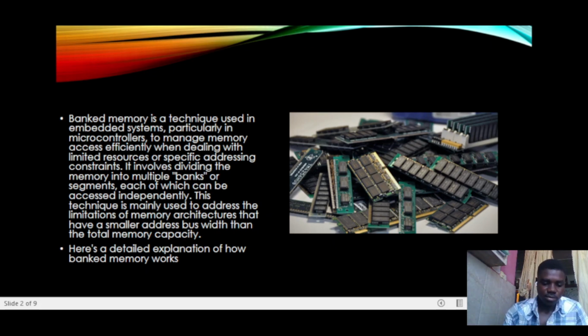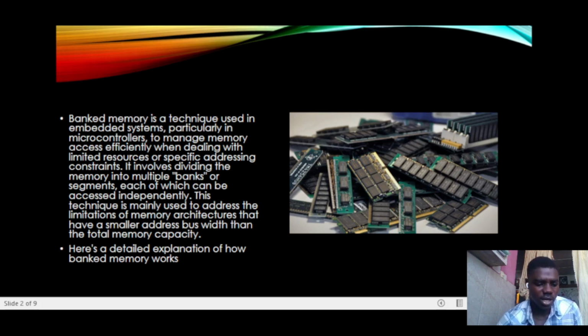And there's another keyword that we also have to take note of, which is the address bars. This address bar is mainly the channel where the data is carried. And there are various sizes of address bars.